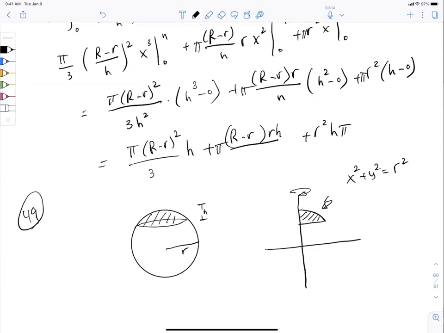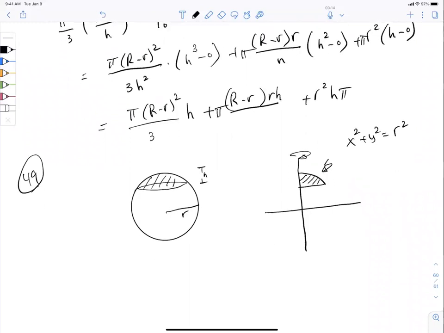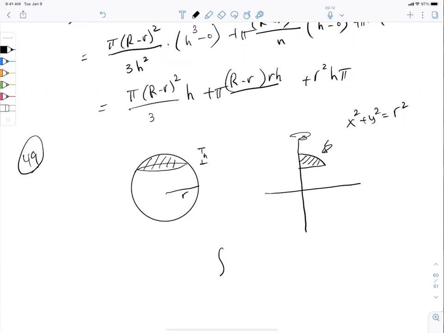So I'm going to probably do the disk method for this one. Since it's rotated about the y-axis, I'm going to be calculating an integral with respect to y. y goes from, the whole thing is r, and the cap is h, so it's going to go from r minus h to r. The equation has to be in terms of y.